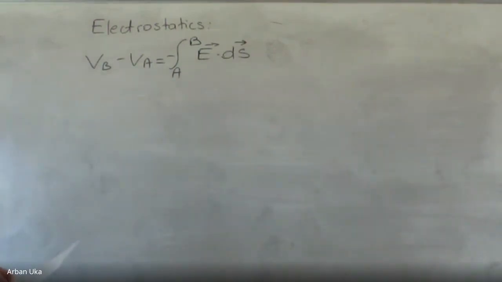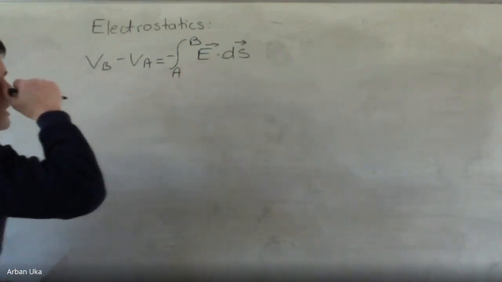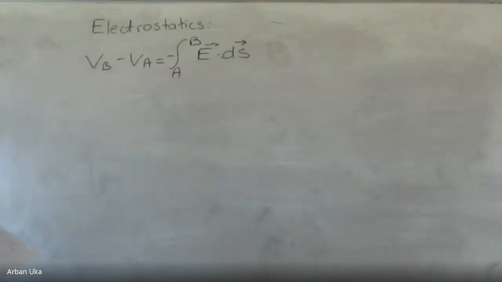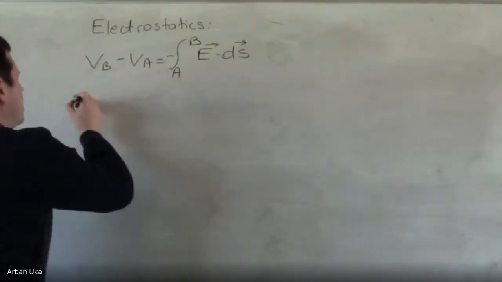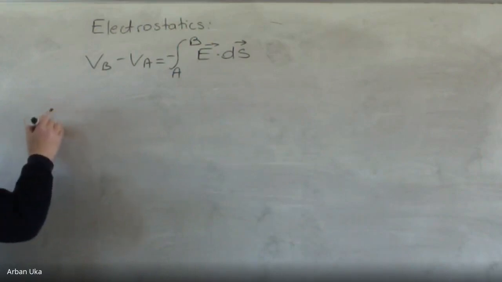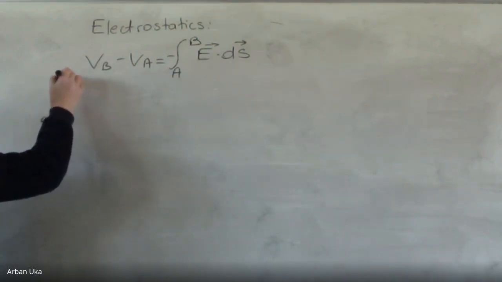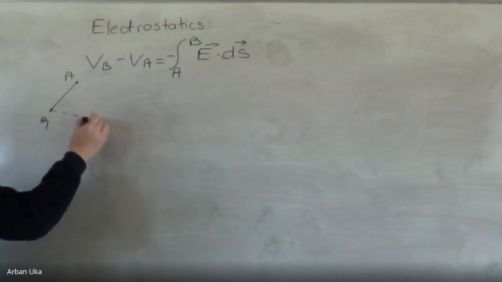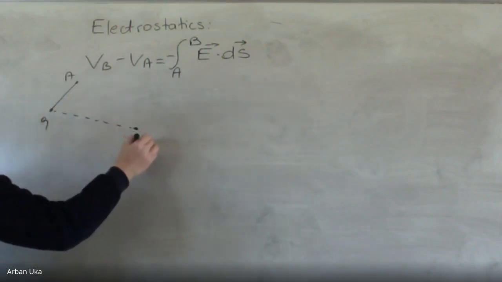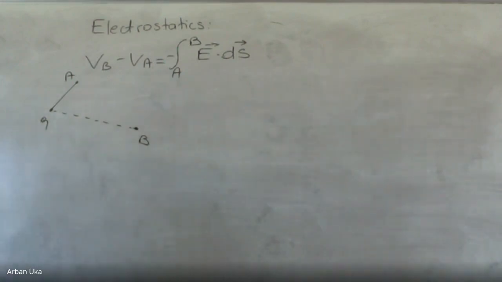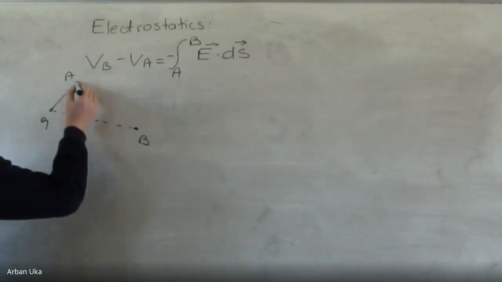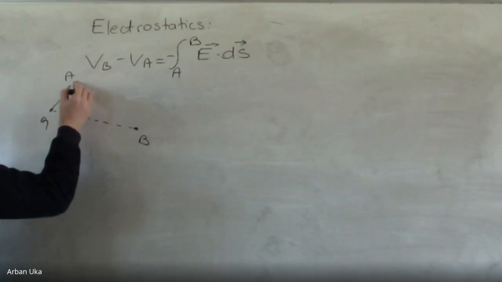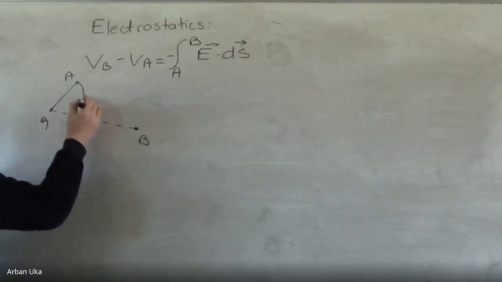So, if we do all this integral step by step, let's say this is the point Q, and we want to go from point A to some point B here, and let's assume the path follows here.